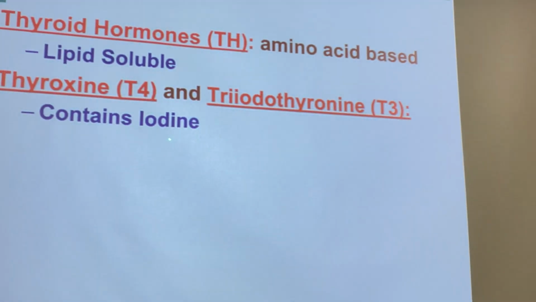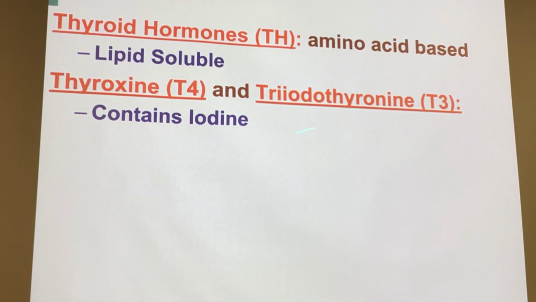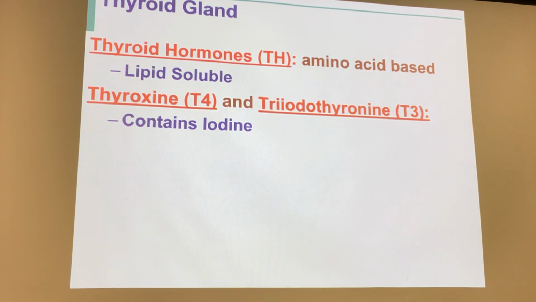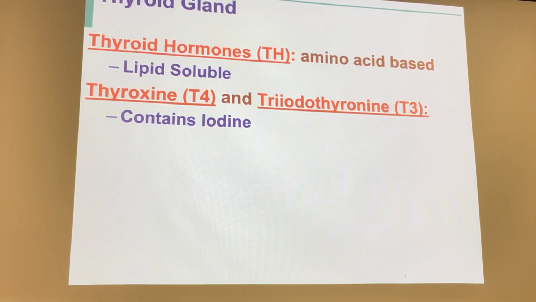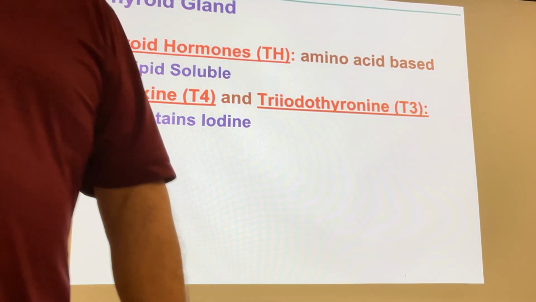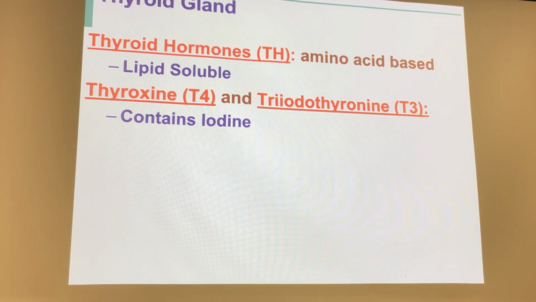And again, they contain iodine. T4 has 4 iodines, and T3 has 3 iodines. Yes? Yep. Exactly. Our thyroid hormones are very unique.